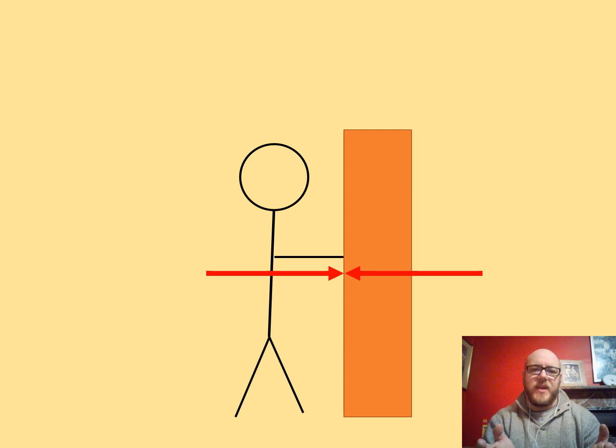Now that's easy to think about. These are springy. But what about the floor and this wall? Well, they're springy as well, kind of. Now I know that a brick wall is very, very sturdy and is definitely not springy.